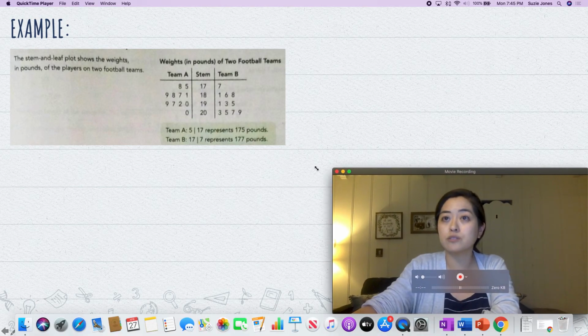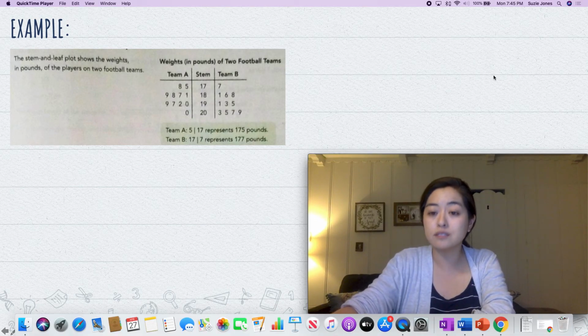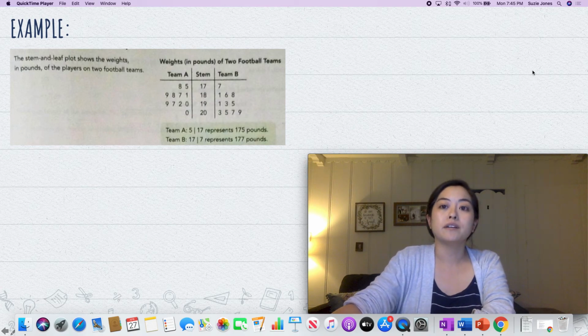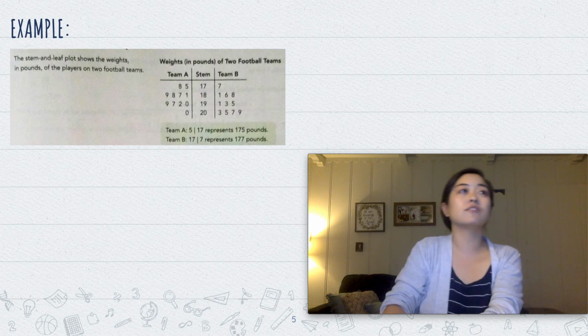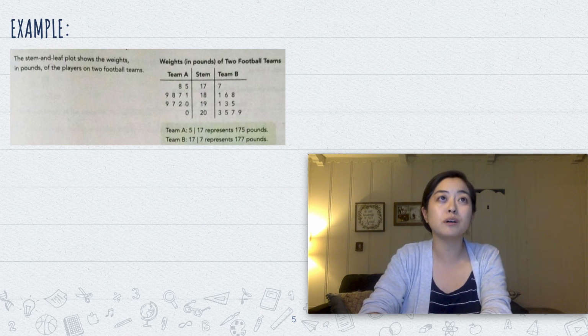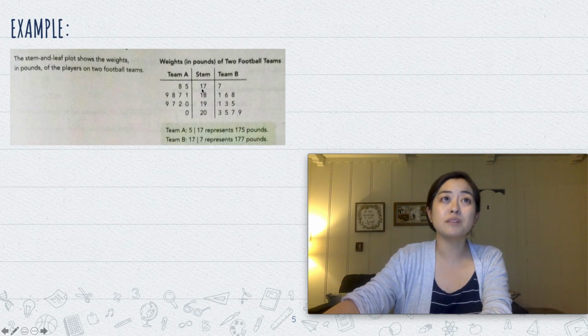So let's look at this example, and I'm just going to increase my video screen so you can see what I write on the board. It says a stem and leaf plot shows the weights in pounds of the football players on two football teams. This is called a double stem and leaf plot because my stem is in the middle.